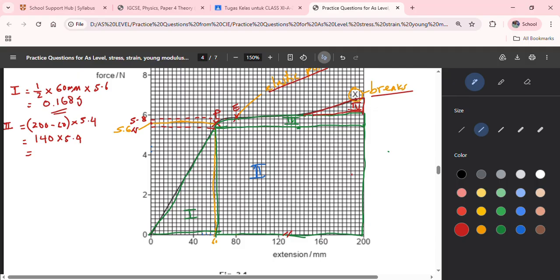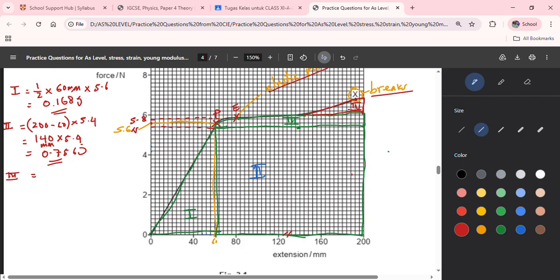This is still in millimeters, so we have to divide by 1,000 later, which gives 0.756 joules.